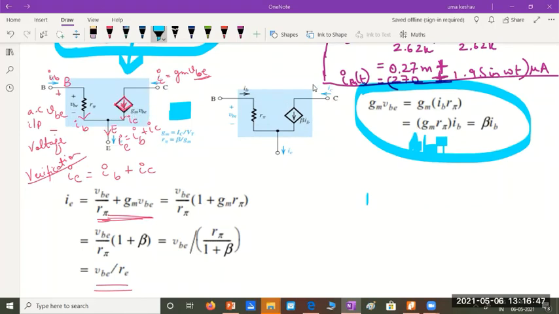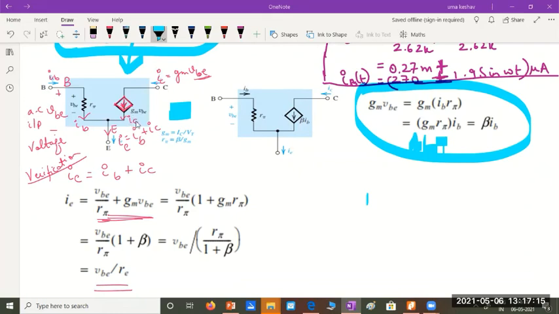But suppose I want to write the output current in terms of input current IB, then I can replace this GM VBE with beta IB as shown here. Instead of VBE, we are substituting IB into R pi, and GM into R pi is nothing but beta. We know R pi is beta by GM, so GM into R pi will give us beta. Hence, I can replace this with beta IB.